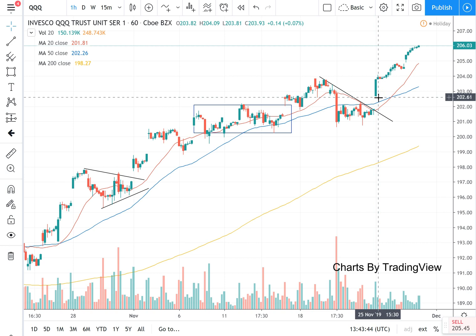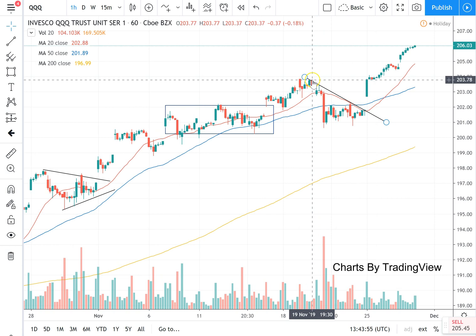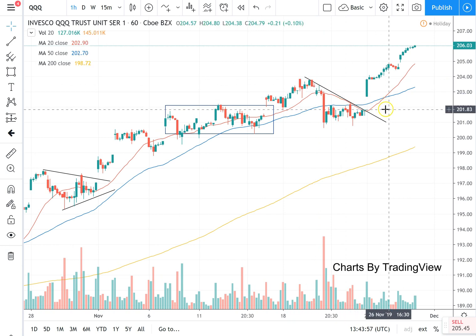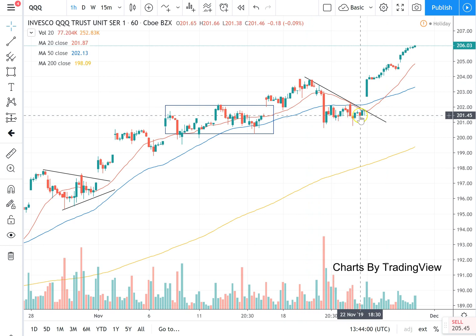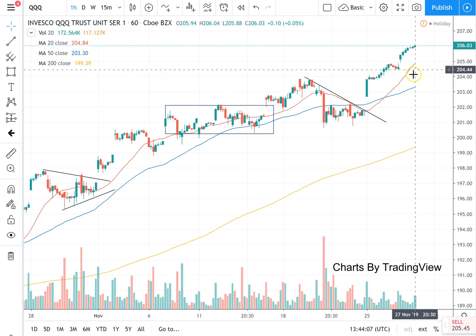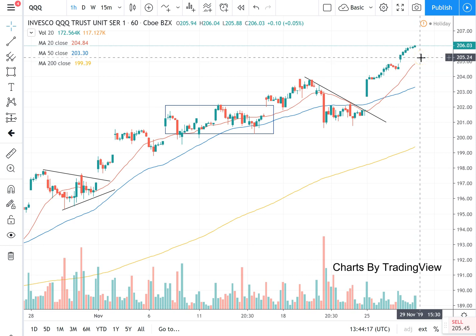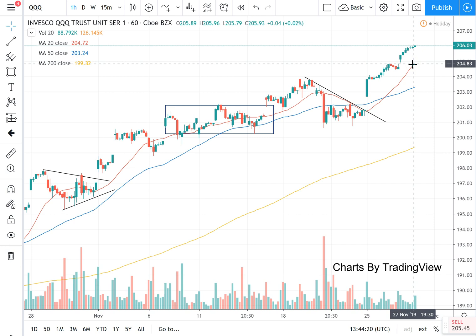Some traders will take it, of course they play certain patterns, but for our purpose of analysis, if the Q drops to a support area and then goes back above the 60-minute downtrend line, it's a continuation pattern. Right now the Q is still above the 60-minute 20 MA, and therefore we should have a bullish bias and remain bullish on the Qs.